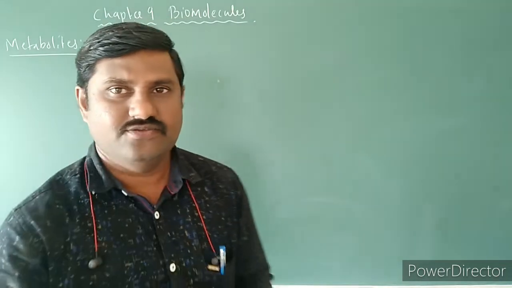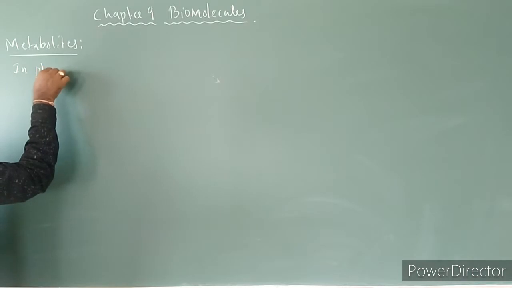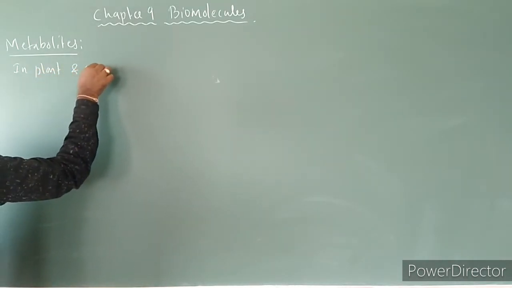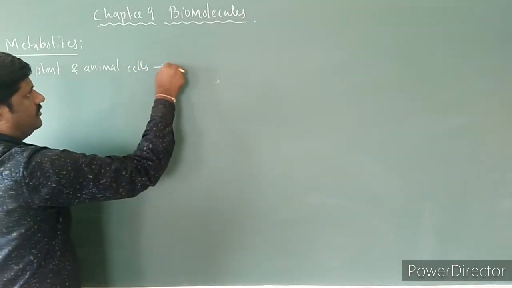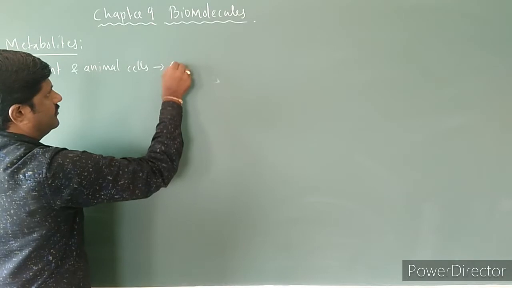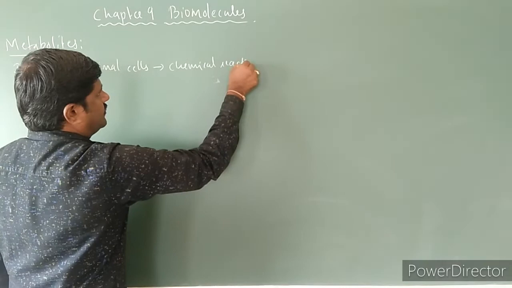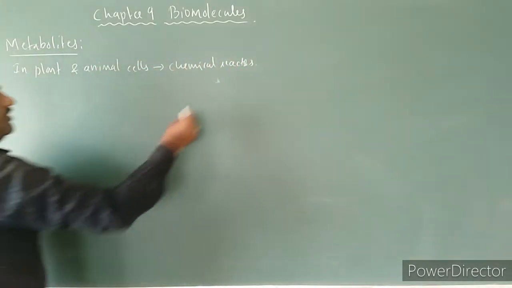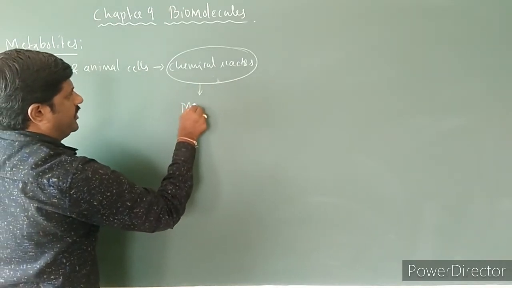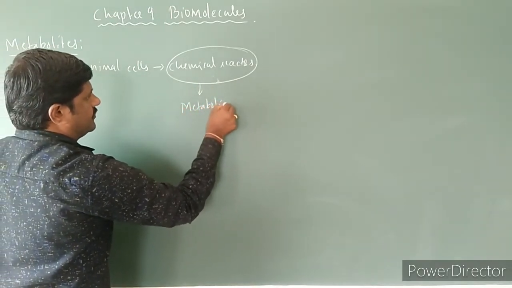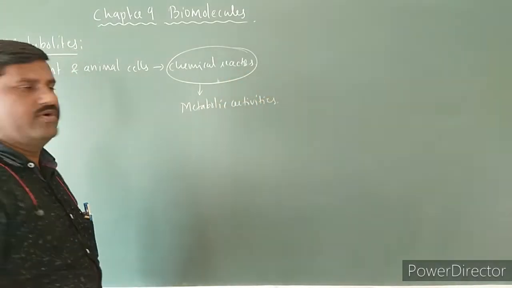As we know, in plant as well as animal cells, so many chemical reactions are taking place, and all those sets of chemical reactions together are called metabolic activities.